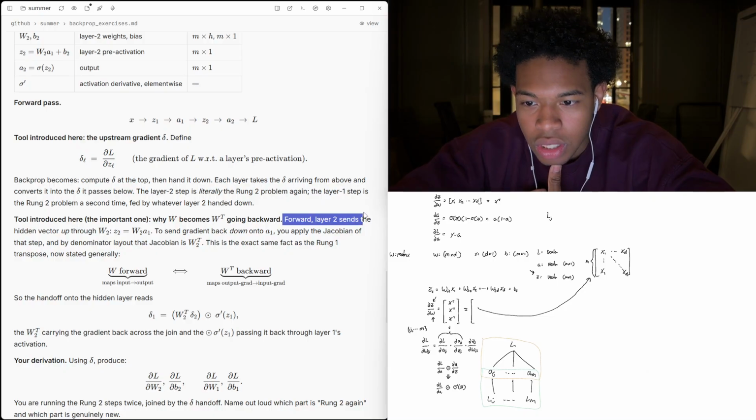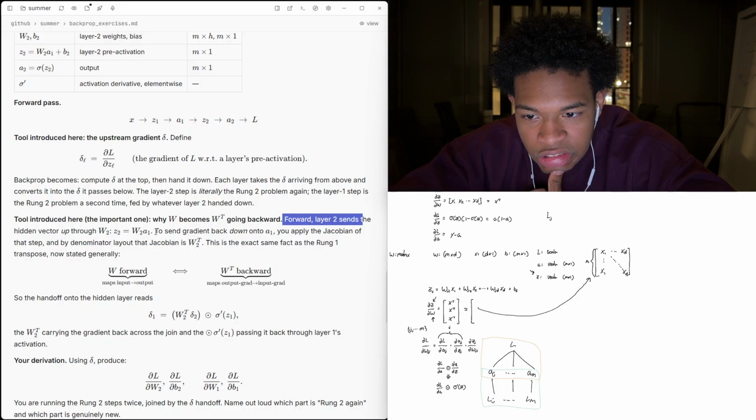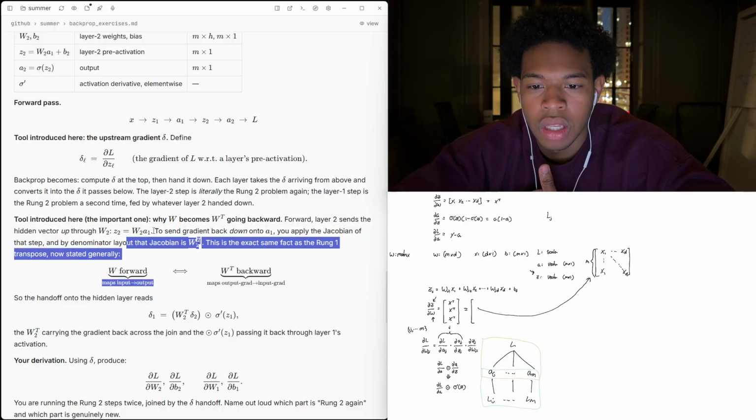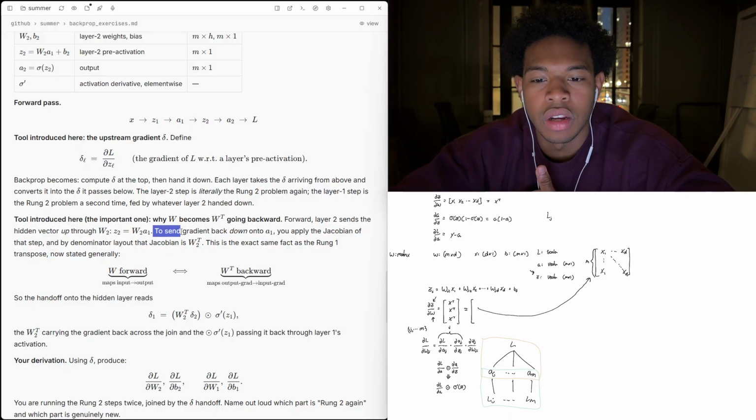Forward, layer 2 sends the hidden vector up. Now stated generally: descend gradient back down to A1. You gotta slow down.